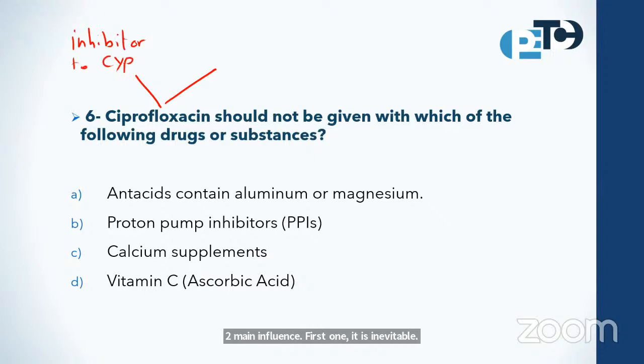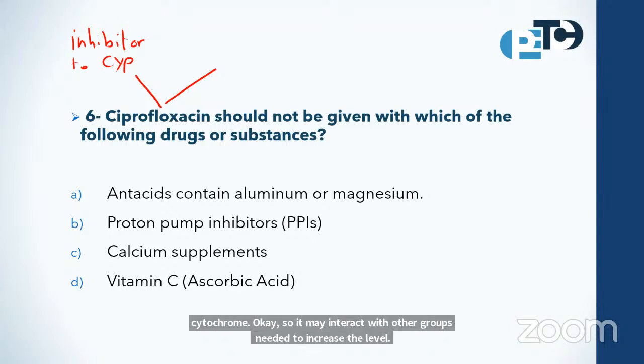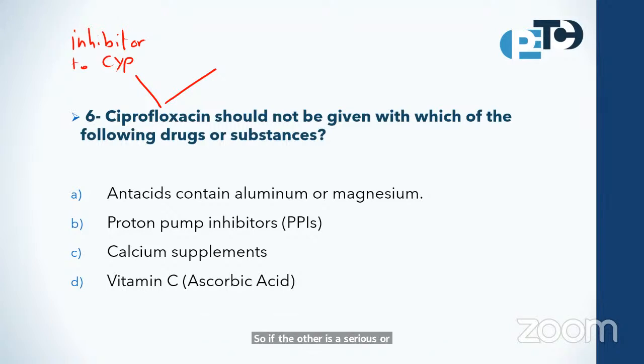So it may interact with other drugs, leading to an increase in their level. If the other drug is a serious or important drug, we should take care. The second important thing for ciprofloxacin, or generally for quinolones, is QT prolongation.